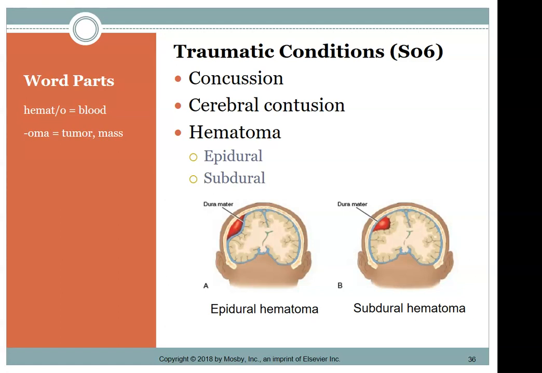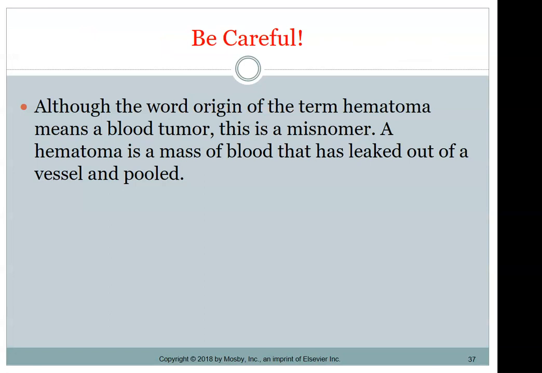This may be the result of a traumatic brain injury, also known as a TBI. And your word parts: hemato is blood, and oma is tumor or mass. But be careful. Although the word origin of the term hematoma means a blood tumor, this is a misnomer. A hematoma is a mass of blood that has leaked out of the vessel and pooled.